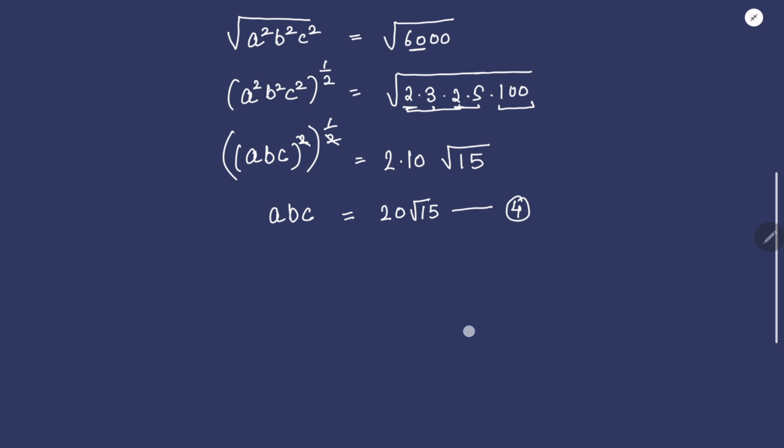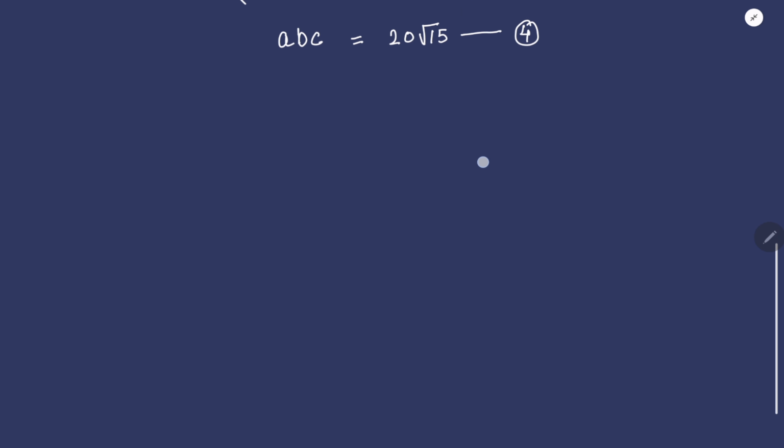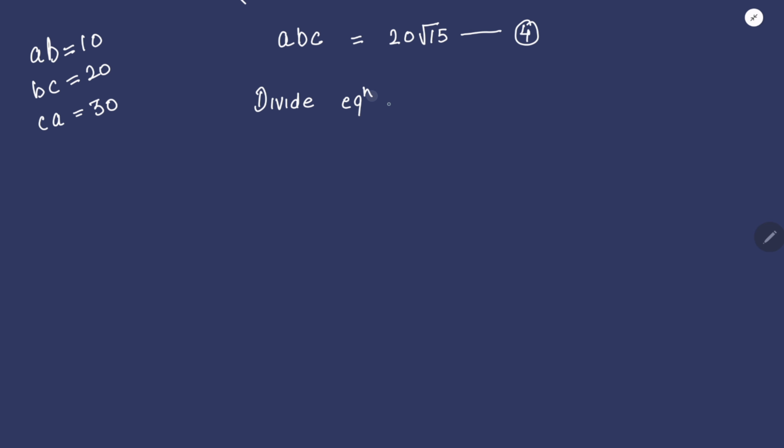Okay, so what is the next step now? I will write all three equations here. AB is 10, BC is 20 and CA is 30. So if I divide equation 4 by equation 1, what will I get then? ABC divided by AB.